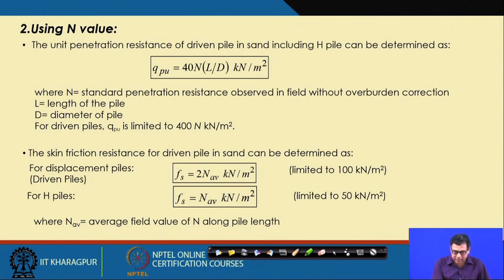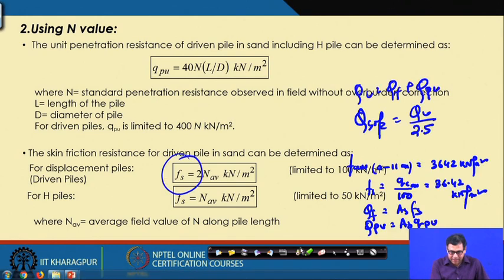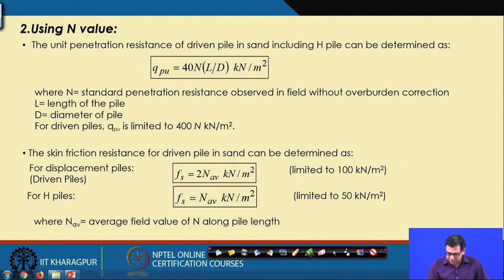So, this is the QPU I can determine using this expression, where L is the length of the pile, D is the diameter of the pile, and remember that this value cannot be greater than 400 N. It is in kilonewton per meter square. N is the SPT value without overburden correction. Okay, remember that. So, this is the way we can determine.